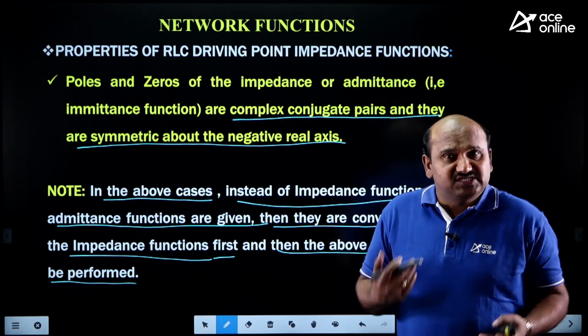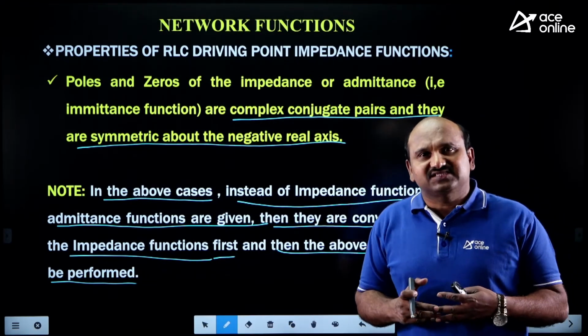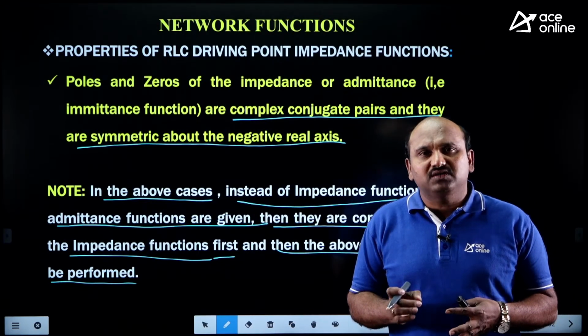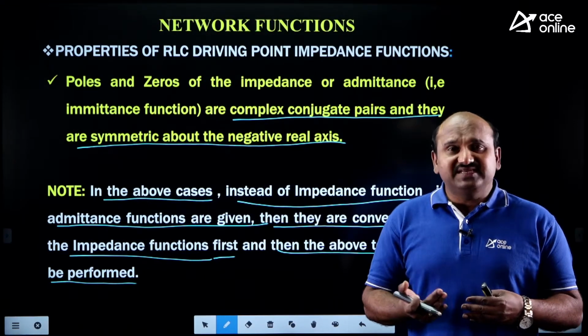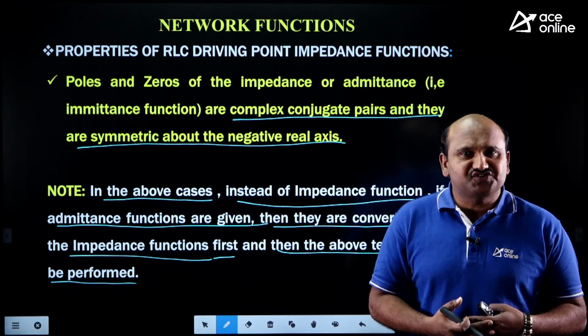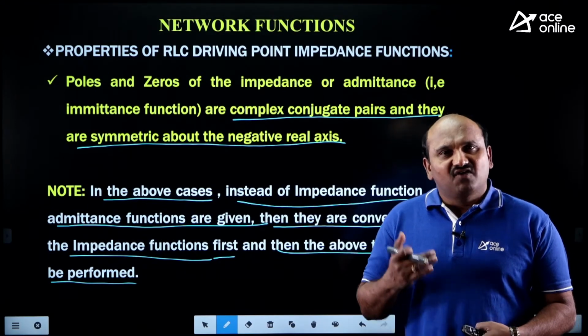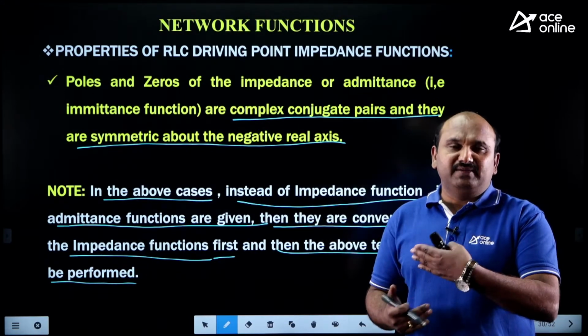Suppose the admittance function is given. These properties we have discussed are related to the driving point impedance function. But suppose in the examination the driving point admittance function is given, what we need to do is first convert it in terms of the driving point impedance.